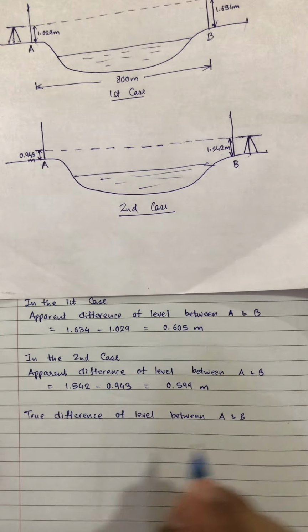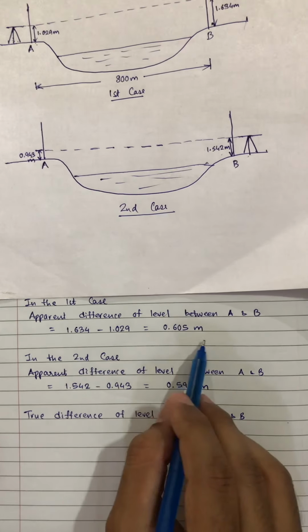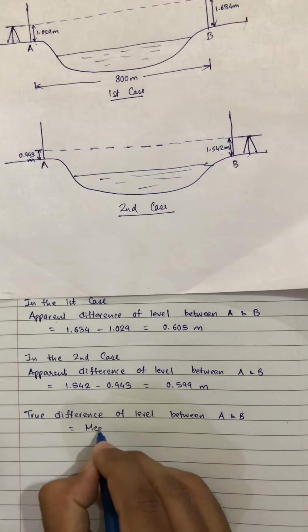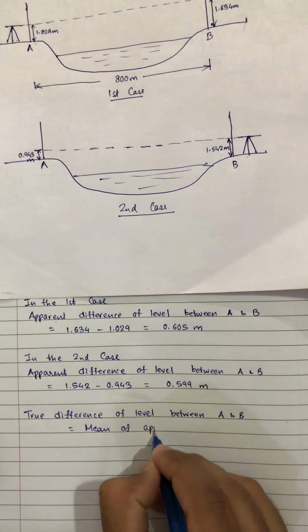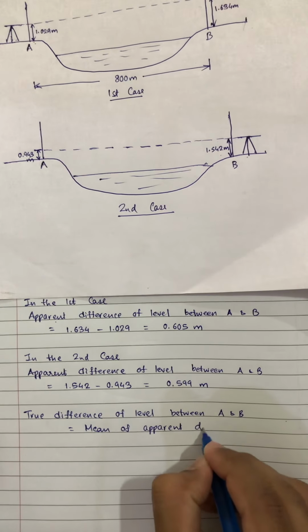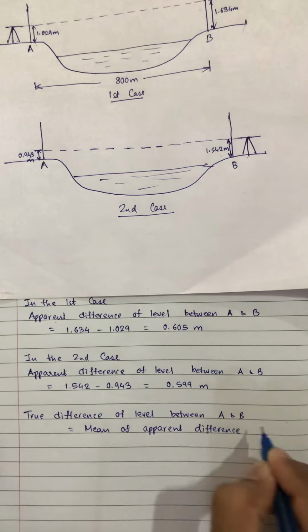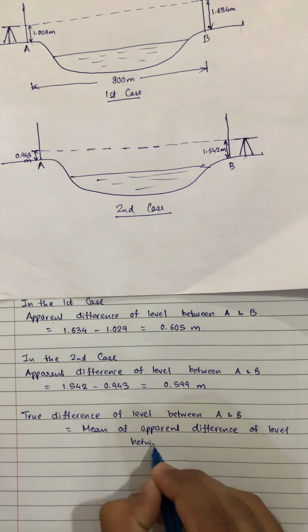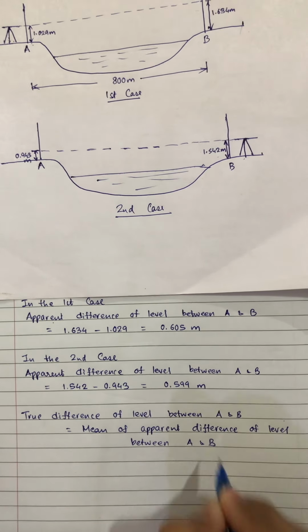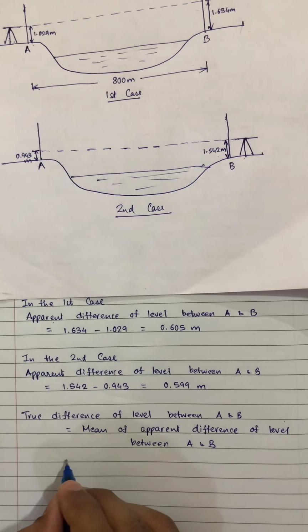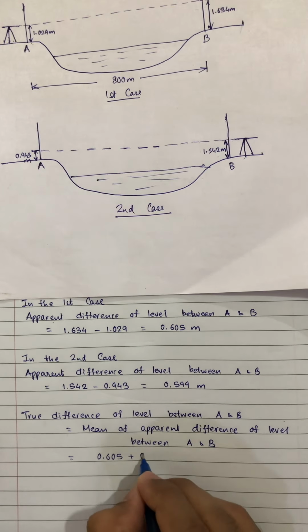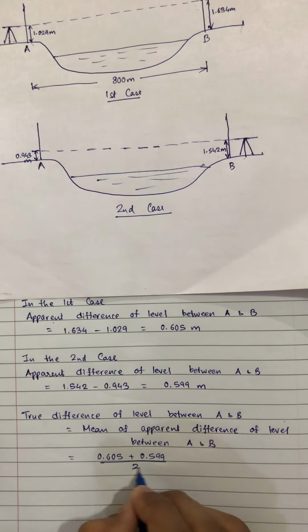It is the mean difference, or mean of the apparent difference of level between A and B. Hence, the mean of these two will be what? The mean of these two will be, this is 0.605 and this is 0.599, whole divided by 2.